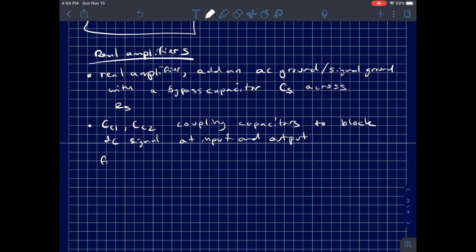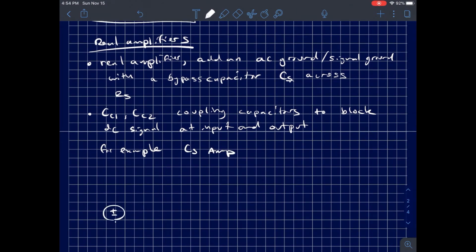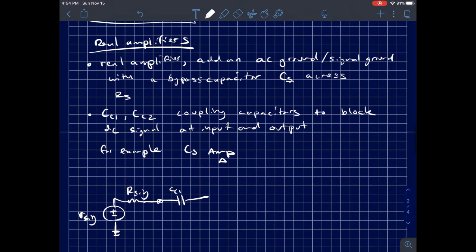So for example, let's look at a CS amplifier. It may look like this. I've got V sig connected to R sig, and then that's connected through a coupling capacitor, CC1, and I've got maybe RG1, RG2. This is a voltage divider bias connected to my gate, and then I've got VDD up here.